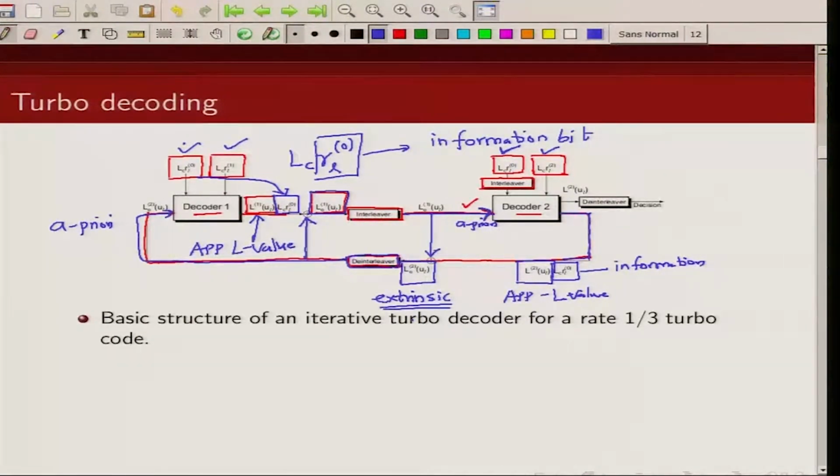You can see this extrinsic information is getting passed from one decoder to another. Ideally, we would like this extrinsic information to grow in a manner that pushes the decision in favor of the information bit being +1 or -1. That is when we say the decoder is converging with iteration.